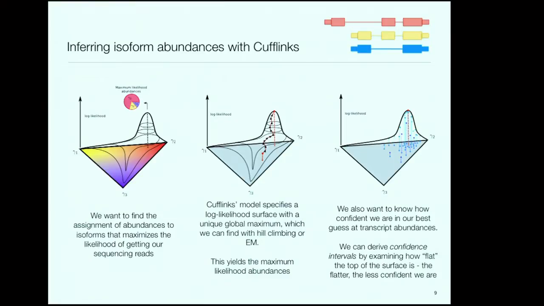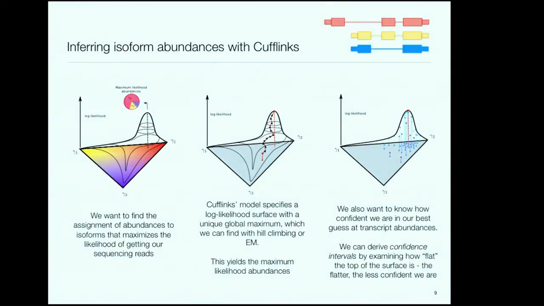What it does is that it takes that model, and that model comes with a function called a likelihood function. That function takes as input transcripts, reads, and the program's proposal for how abundant those transcripts are, and it returns a number. The number is how likely you would be to get the actual reads you got in your experiment, given those transcripts and your proposal for the abundances.